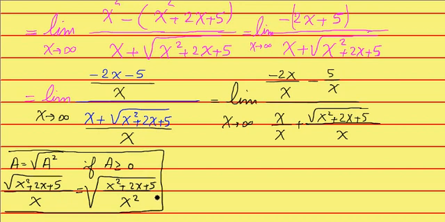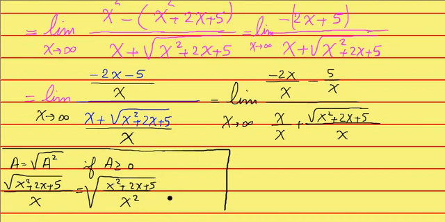Okay, so maybe for the sake of making it more brief, so now I can break it apart. X squared over x squared, 2x over x squared, 5 over x squared.